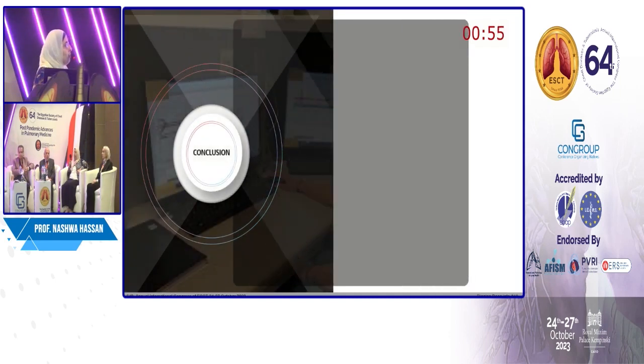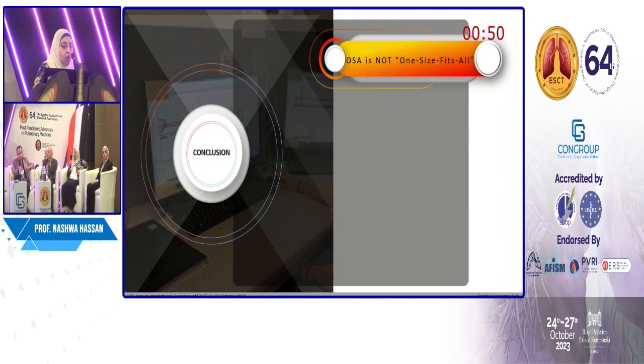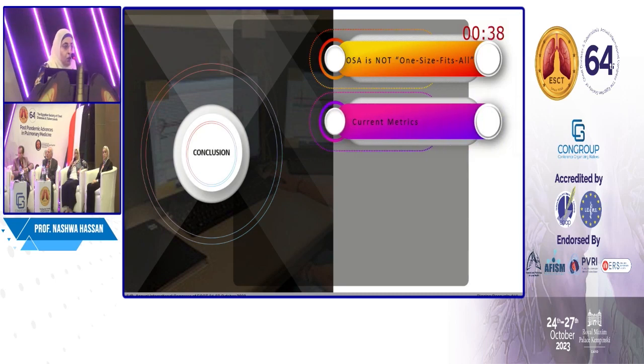By this, we get to the conclusion of this panel discussion. The apnea-hypopnea index is not a one-therapy or one-size-fits-all. You need to apply the therapy targeted to the underlying pathophysiological mechanism of each individual patient with obstructive sleep apnea. The current metric, the apnea-hypopnea index, although it served well in the past century, yet it's time, because of its limitations, to change.